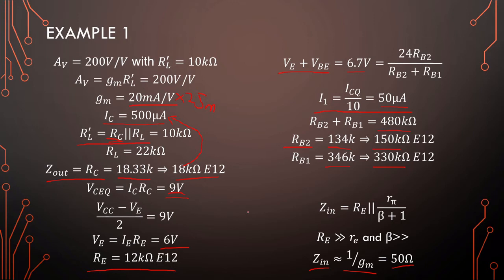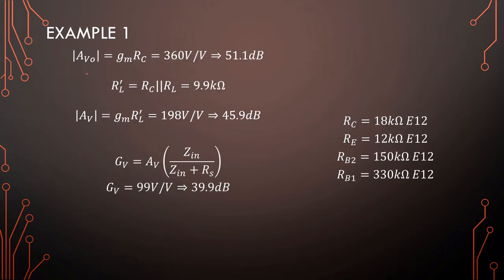Let's quickly recalculate all the gains and see what we get. If we take AV0 as GMRC, we get 360 volts per volt, it's 51.1 decibels. Then I recalculated the loaded gain with 9.9 kilo ohms, and this is then just 198 volts per volt or 45.9 dBs.